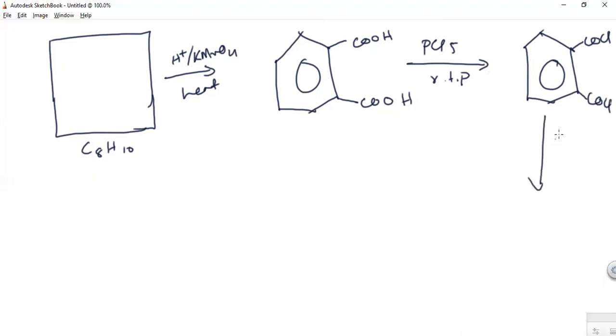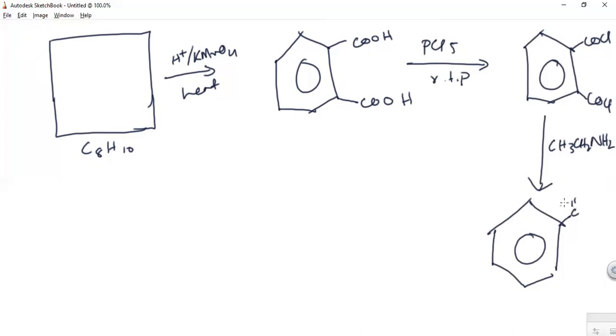Now, further down the line, when we add CH3CH2NH2, we should get what? We should get this carbon double bonded with nitrogen and hydrogen.